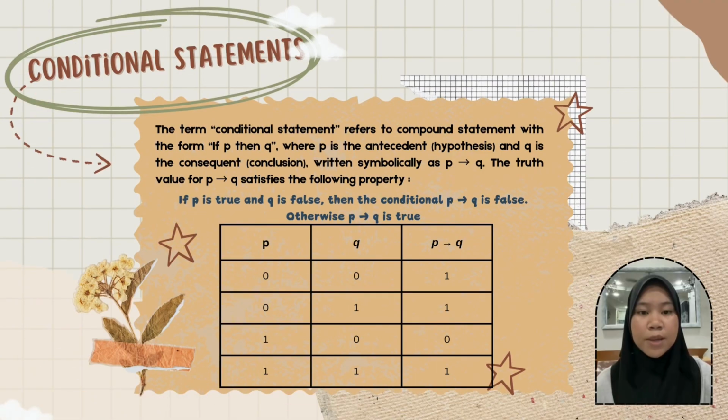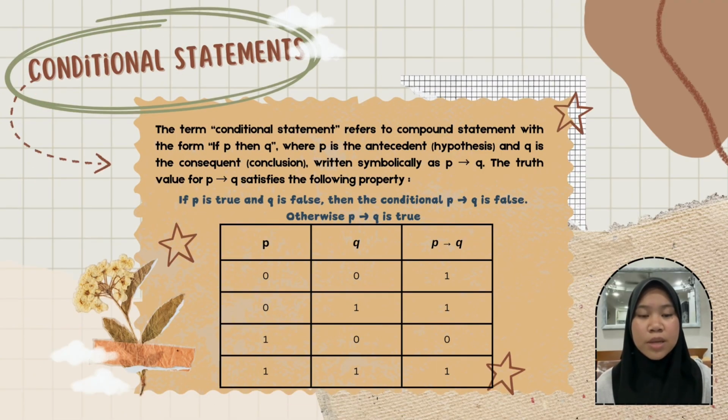For conditional statements, the term conditional statement refers to a compound statement with the form if P then Q, where P is the antecedent, which is the hypothesis, and Q is the consequent, which is the conclusion, written symbolically as P implies Q. The truth value for P implies Q satisfies the following property. If P is true and Q is false, then the conditional P implies Q is false. Otherwise, P implies Q is true.